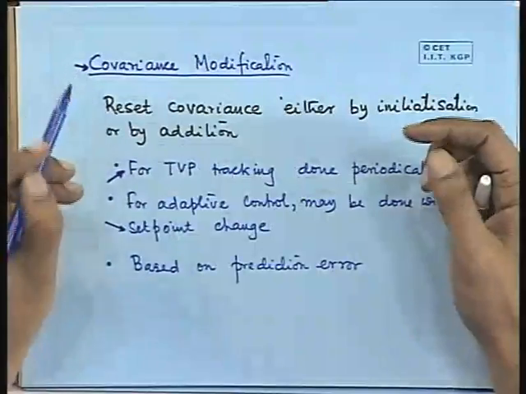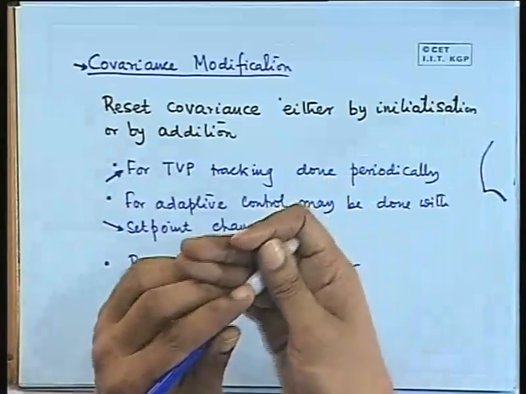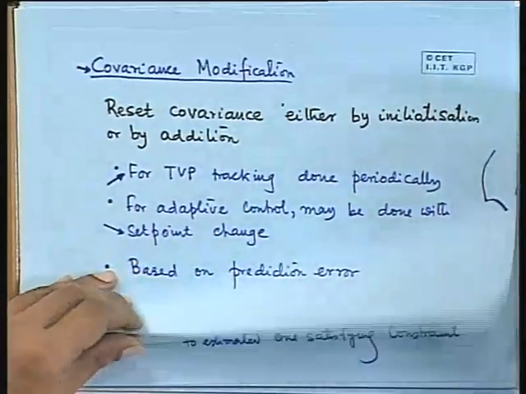At least you need to retune your estimator, boost the covariance, again set it to some value, maybe not exactly like an initial value, but give it a strong value. So this is also required very much. If you don't do it, then after some time it will take a long time for the parameter to track.